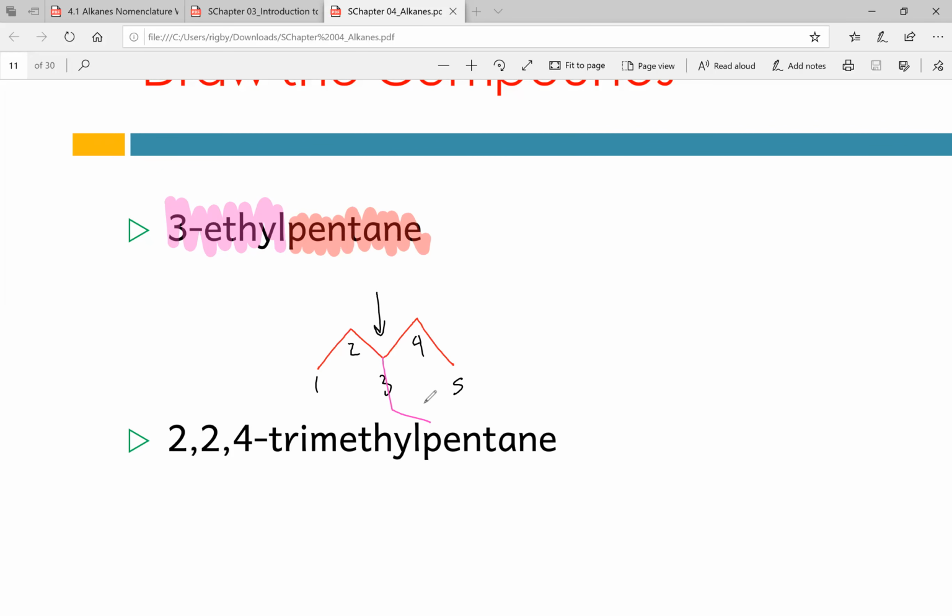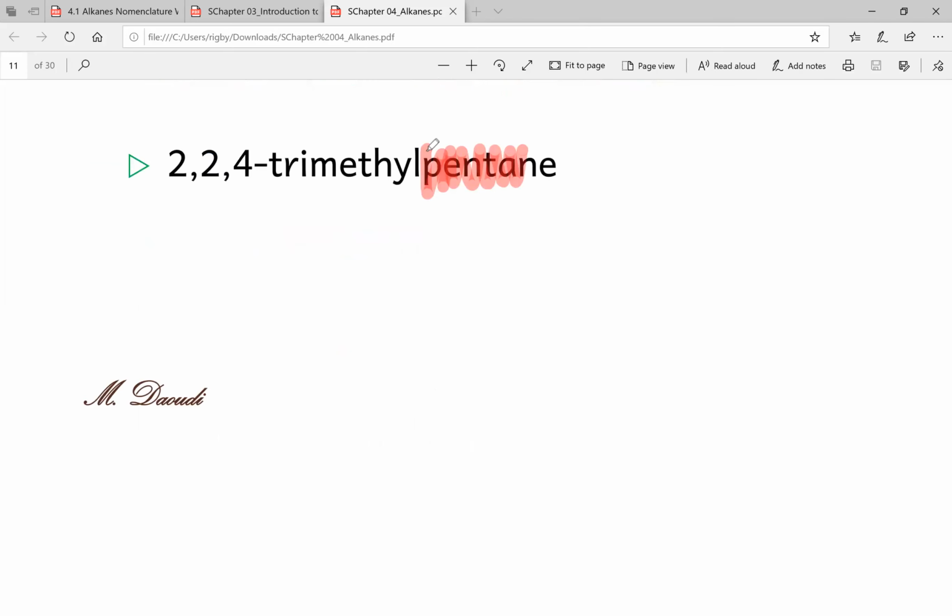Okay. So now let's look at 2,2,4-trimethylpentane. Again, we're ignoring that big scary part at the front, and we're just going to focus on the pentane first. This is just like before, a 5-carbon chain. So 1, 2, 3, 4, 5. And so now we have the 2,2,4-trimethyl. All that means is we have 3 methyls, which is trimethyl, and then this tells us where they're going to be: on 2, 2 again, and then 4.